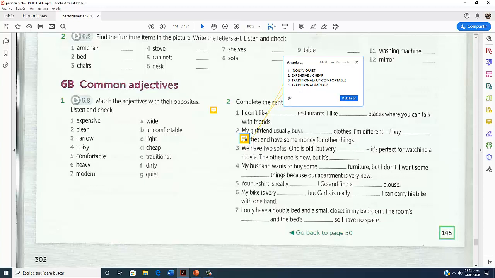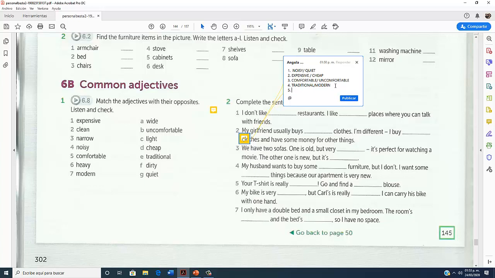Modern, right? So maybe we need to change number 3. We have two sofas. One is old but very comfortable. Oh, why did I write traditional? Comfortable, sorry.